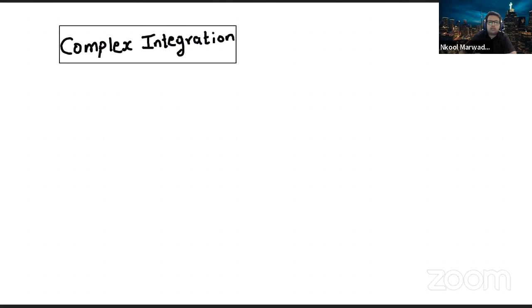So this is the complex integration which we have to discuss. And in this also, specifically we are focusing now on functions given by power series.